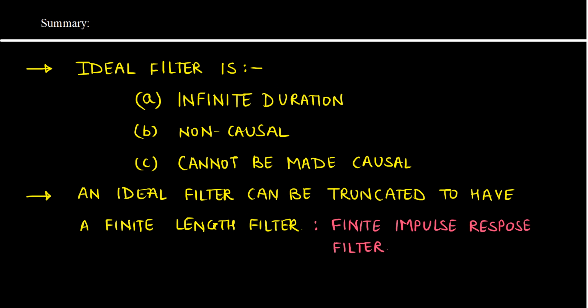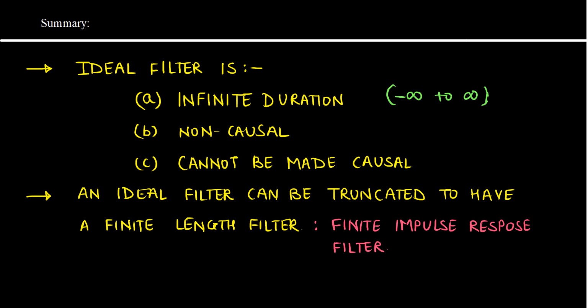So in this lecture, we started by considering some issues with the ideal filter. We said that the ideal filter is of infinite duration, that is, it exists from n equal to minus infinity to infinity. Since it exists from minus infinity to infinity, it has non-zero values for n less than 0, and hence it is non-causal.